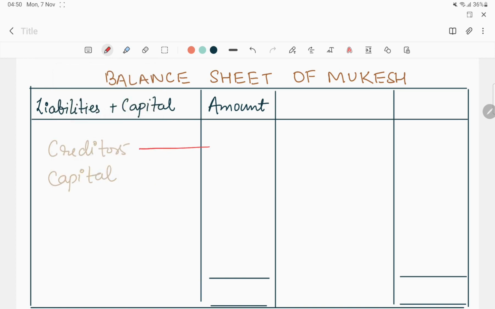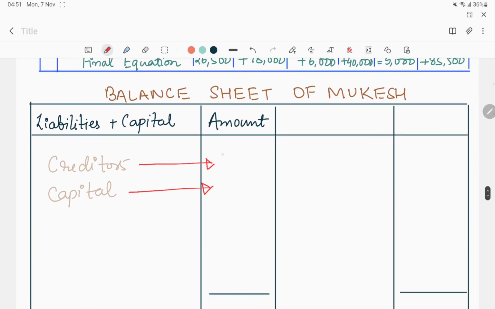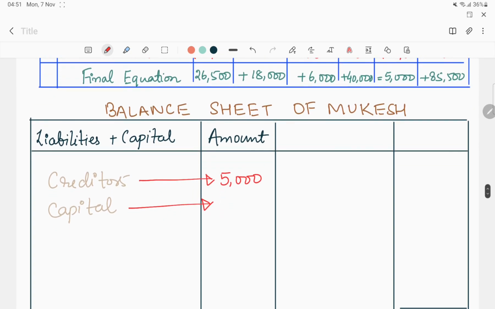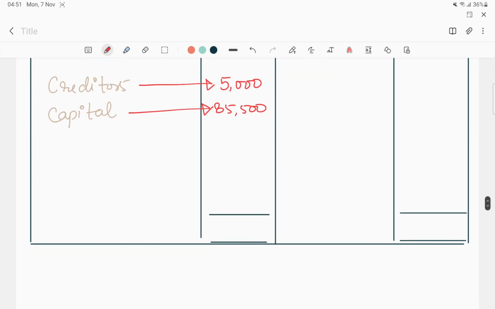We can easily see using the last equation, creditor amount is 5,000 and capital here is 85,500. If you add these two, it will come to a total of 90,500.